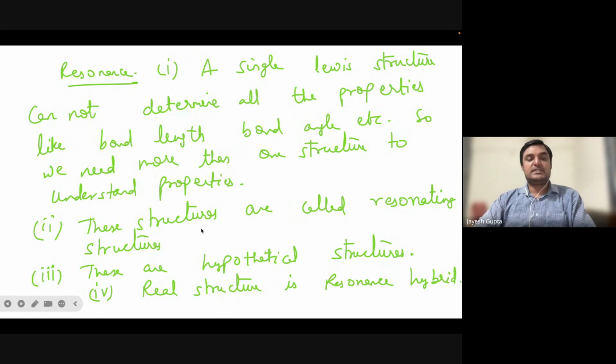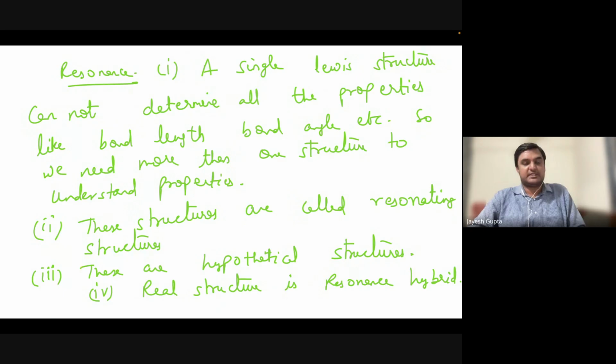These resonating structures are hypothetical. We make them up in our mind, but they are not real. The real structure is the resonance hybrid. If I talk about benzene, making three pi bonds separate and shifting their position gives a hypothetical resonating structure.